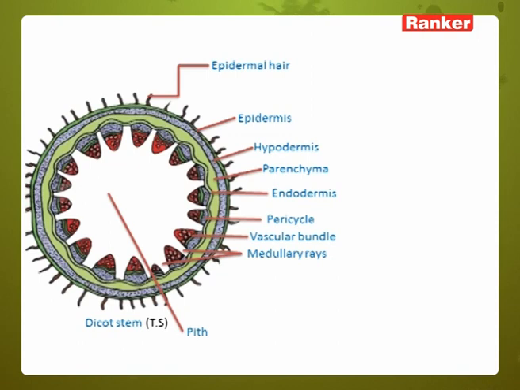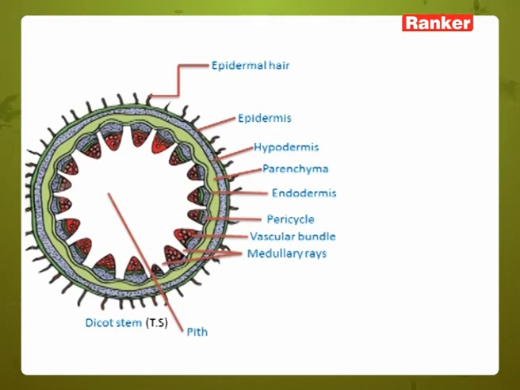Till now we were seeing the circular section: the epidermis, the outermost protective layer, next the collenchymatous hypodermis, next the parenchymatous general cortex, or median part of the cortex, as I said earlier. Next you have the endodermis, then the pericycle.